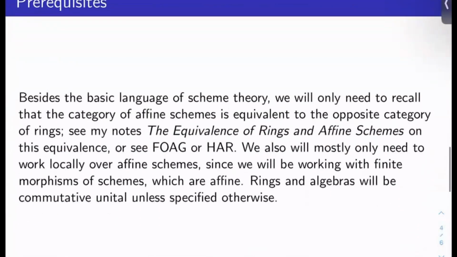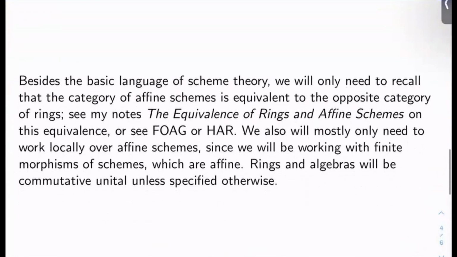Okay, so what are some prerequisites for this chapter? Again, you'll want to be aware of the basic language of scheme theory. Other than that, you'll really only need to recall that the category of affine schemes is equivalent to the opposite category of rings. If you like, I have a whole set of notes on this that I can give you if you ask, or I can even do a series of talks on YouTube about exactly how this equivalence comes about. You can also see standard references like Bakill and Hartshorne.